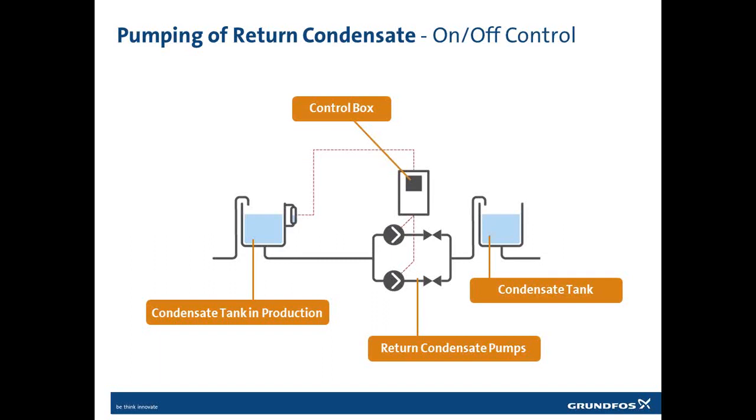If we take a look at return condensate even further, when we are out in large production facilities, we can have several condensate tanks in the production. Pumping from one condensate tank to another is normally done by on-off control, and there's normally not a reason for installing any frequency converters on that.